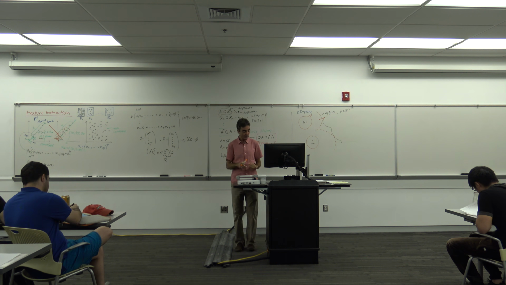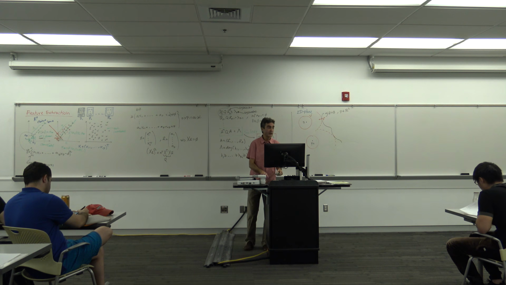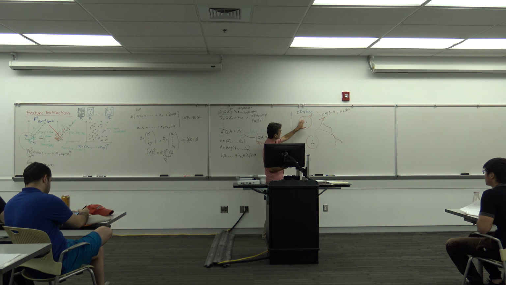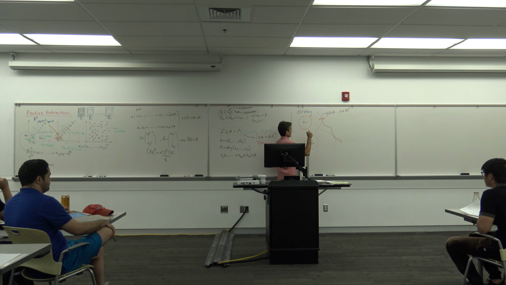But that's not what I want. What I want is to find the point that is closest to both P1 and P2. So if I combine these two circles into one, what do I get? Two circles, an ellipse. Very good.